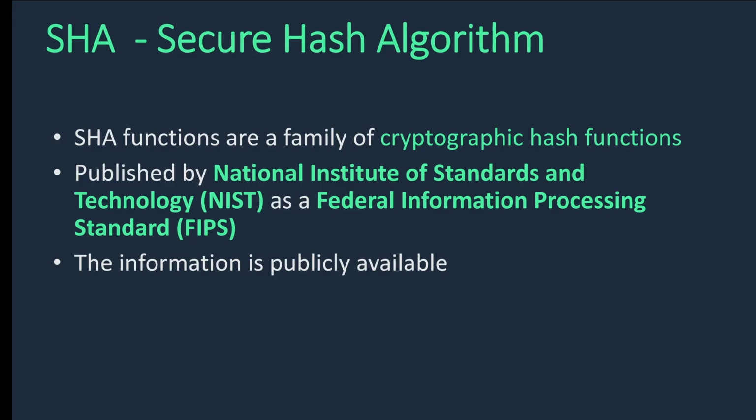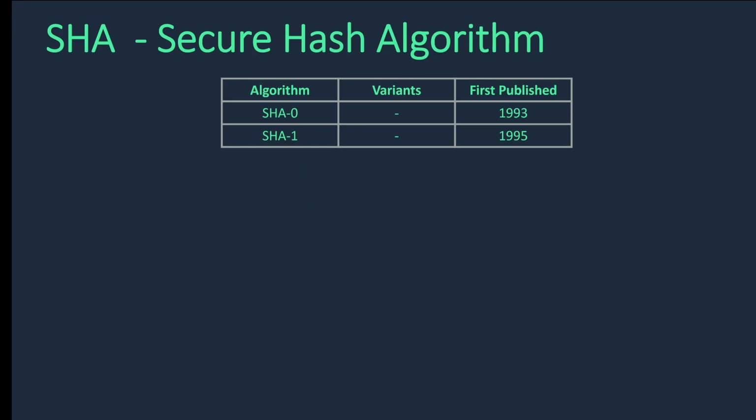Now that we've seen a quick overview of SHA functions, we can see where we are right now in terms of the development of SHA functions, and we'll see a quick timeline of how they've developed over time. In the 1990s, the first series of SHA functions were published.